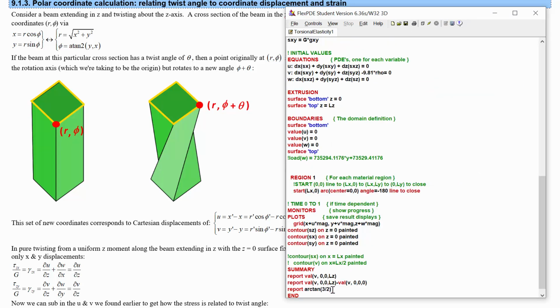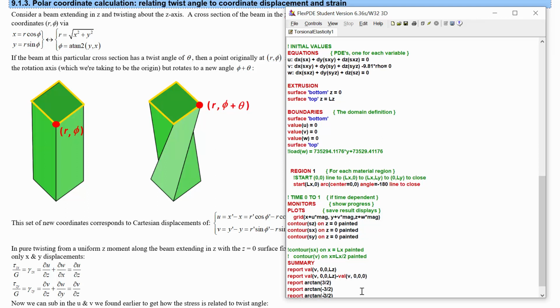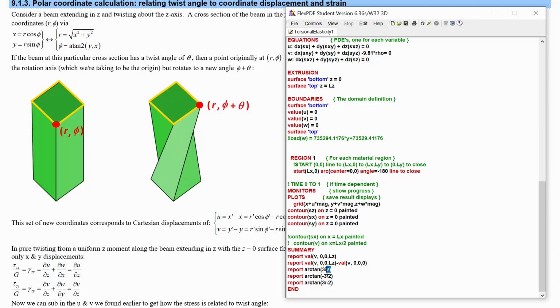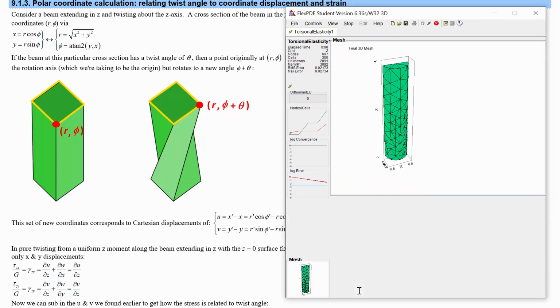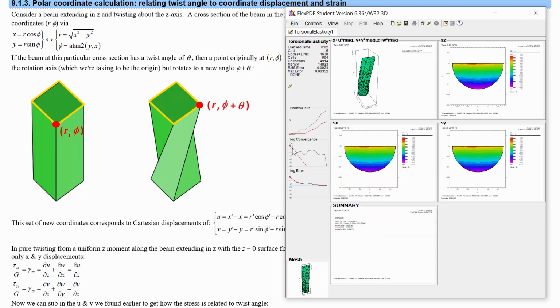There we go. What about if we have the arctan of negative 3 over 2 and the arctan of 3 over negative 2? So let's see, 3 over 2 would mean y is 3, x is 2. So we have some angle that's up a little bit more than 45 degrees, or a little bit more than pi by 4.